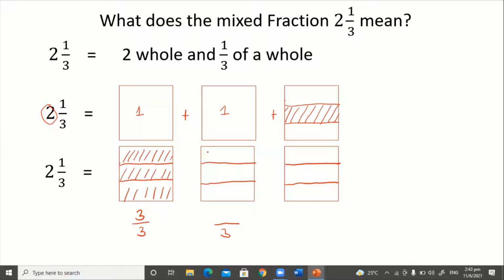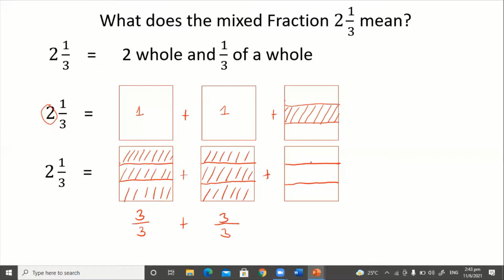And how many parts do I need to shade? I need to shade 1, 2, 3 parts, right? So that's where the numerator comes from. And remember, we say we add them, don't we? So we could put plus here, and we could put plus here.